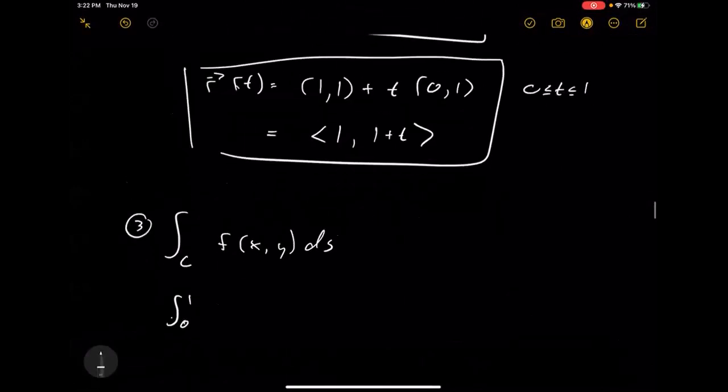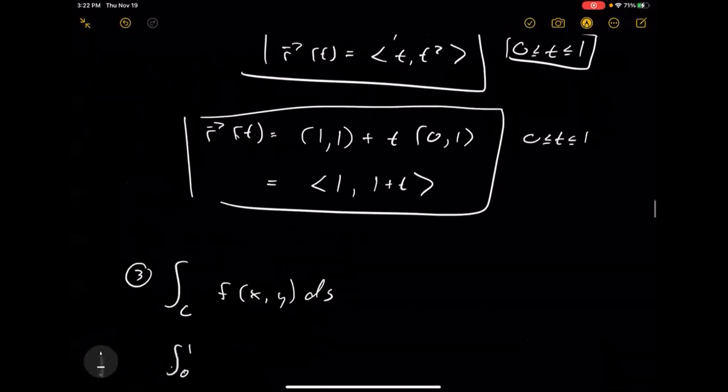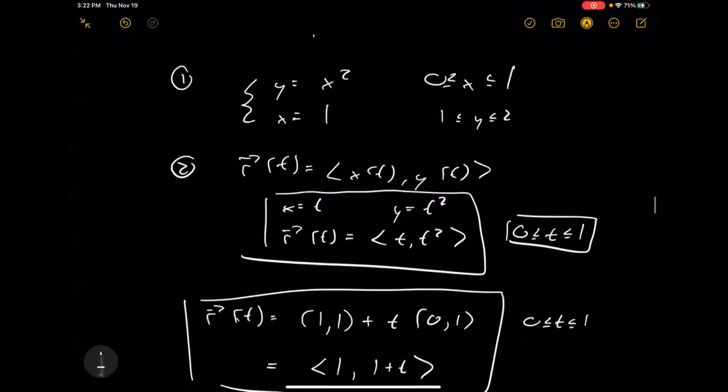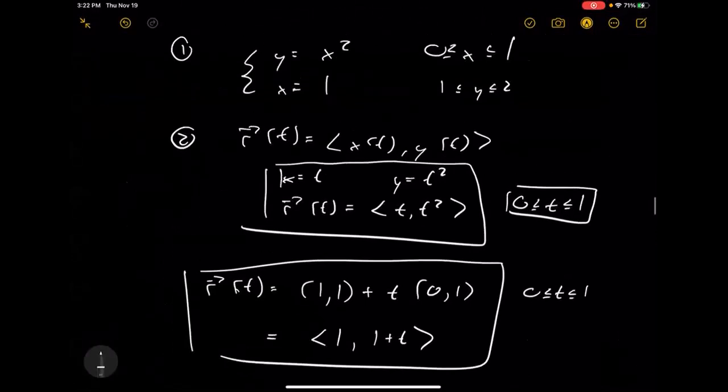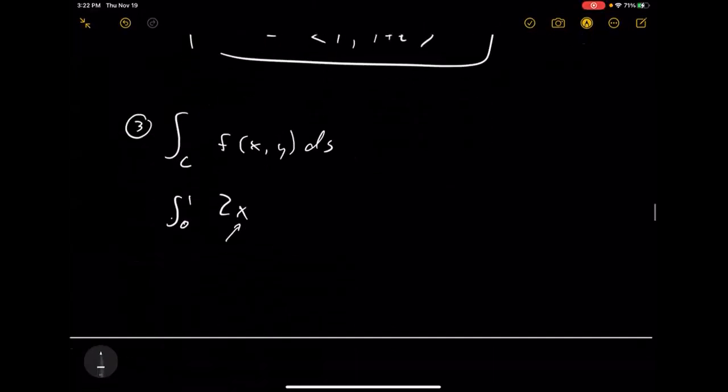And then I have my function, 2x. I want to replace this x with x of t. What is x of t on that piece? x of t equals t, and y of t equals t squared. So 2x becomes just 2t.